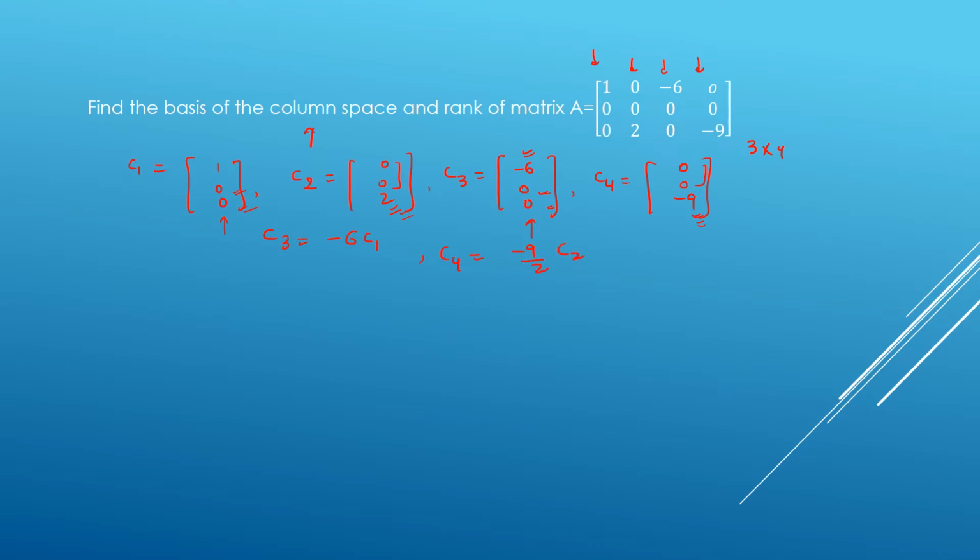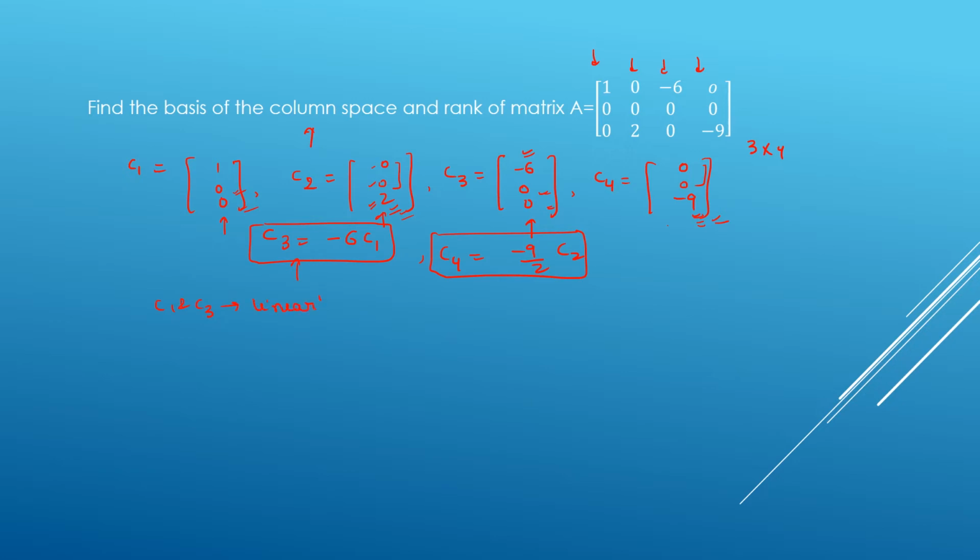Because if you multiply this with minus 9 by 2, you will get 0, 0 for these two, and 2 will be cancelled with 2, minus 9 will be left. So yes, C4 is minus 9 by 2 of C2. So that means C1 and C2 are linearly independent.